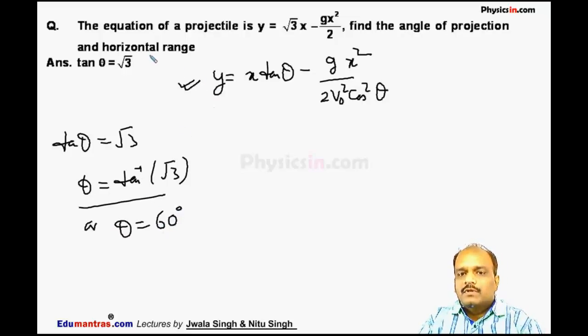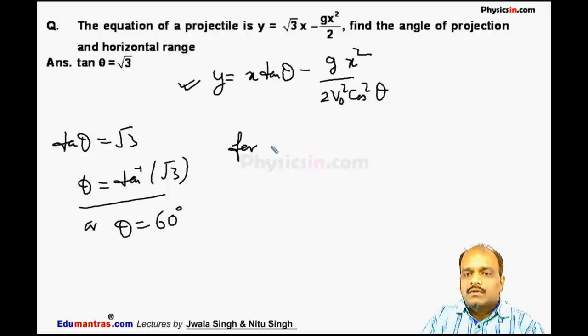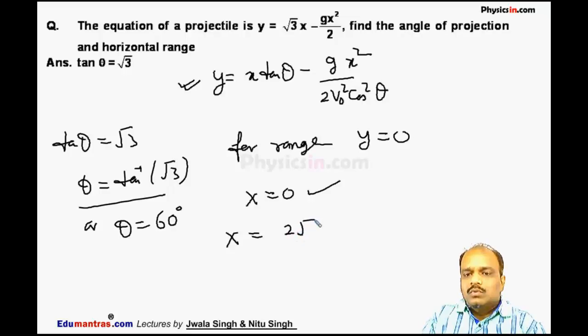Now second, we have to calculate the horizontal range. For range, y is equal to 0. So if I put y is equal to 0 in this expression, we get either x is equal to 0, this is the point of projection, or x is equal to 2 root 3 by g, g means 10.